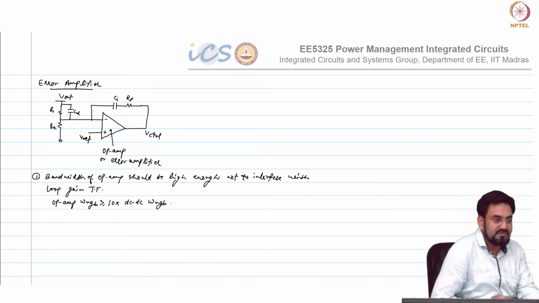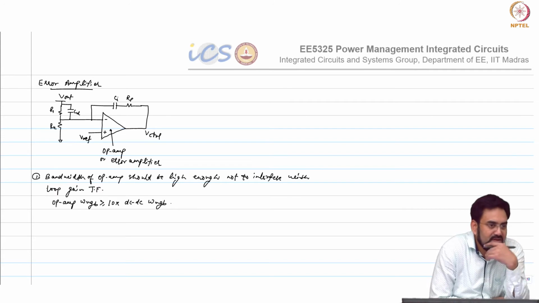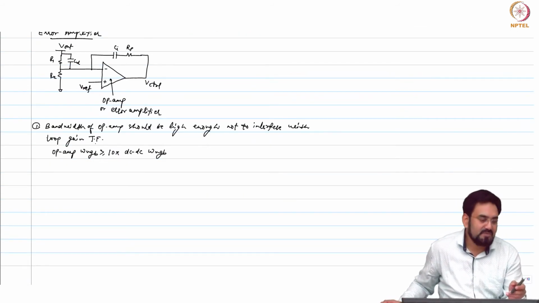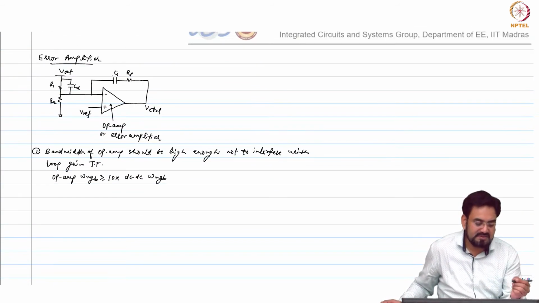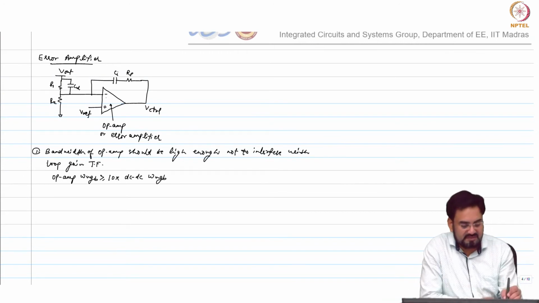So if you remember the example we took, for 1 megahertz, 100 kilohertz was the UGB. So you want to keep it maybe 1 megahertz or so. And you can always model this. If you want a first order approximation, you can just replace this op amp transfer function with the first order.